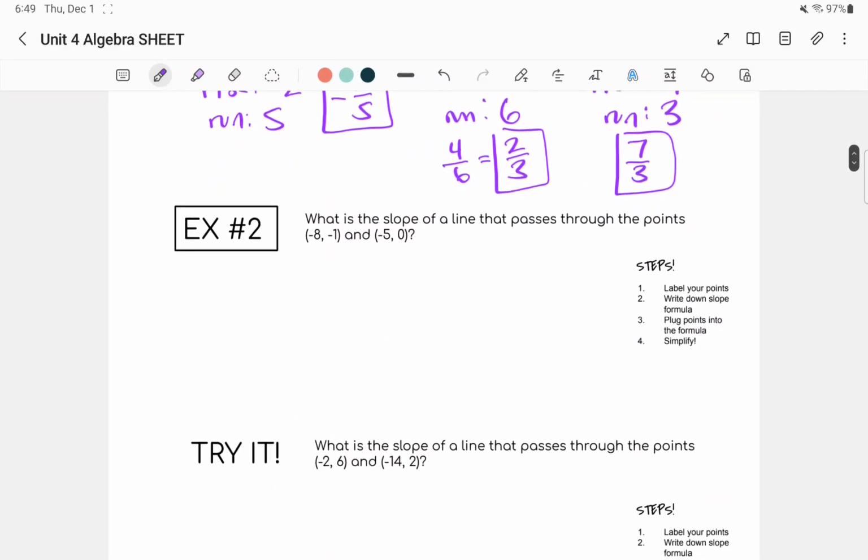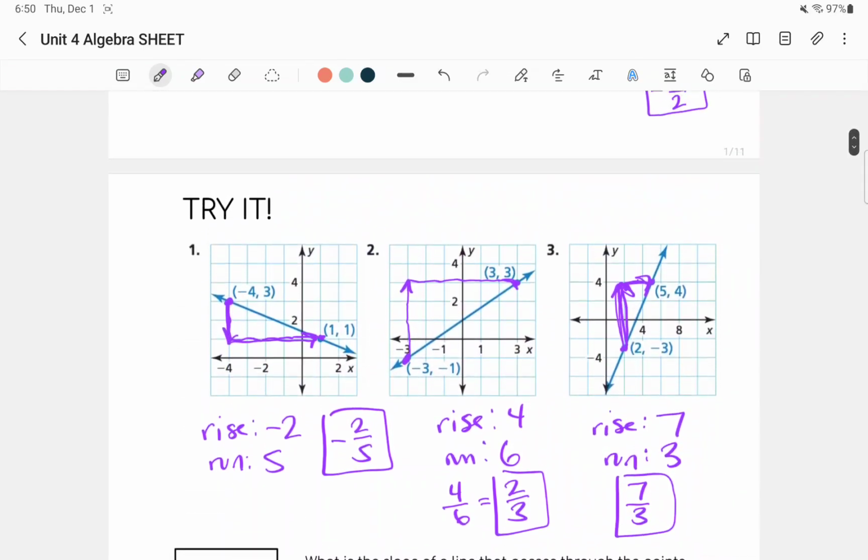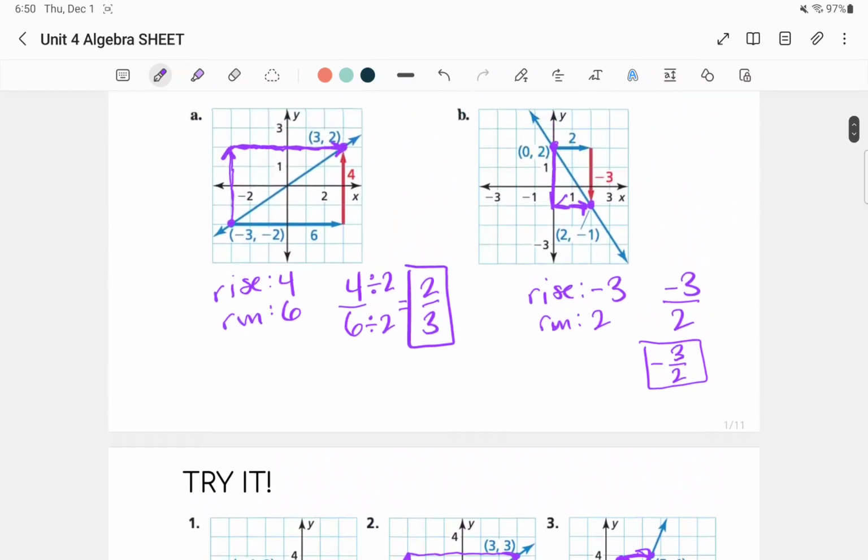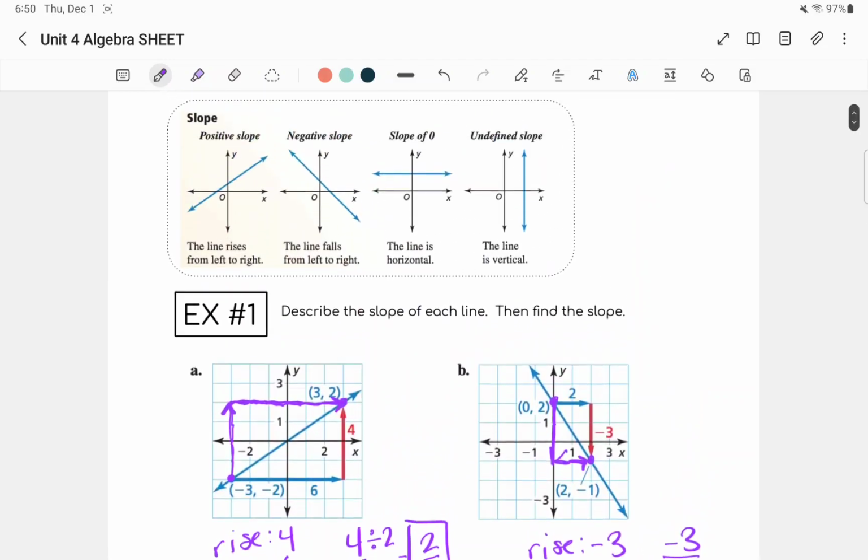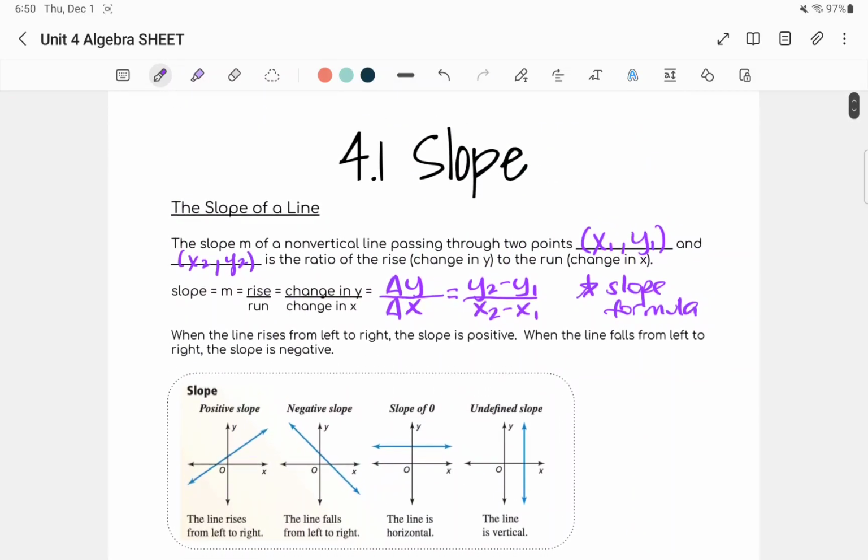All right, let's go on to example number 2. What is the slope of a line that passes through the points (-8, -1) and (-5, 0)? Again, we are using the slope formula, but there's no graph to count and look at. So we have to remind ourselves of what the slope formula is, which is y2 minus y1, all divided by x2 minus x1.